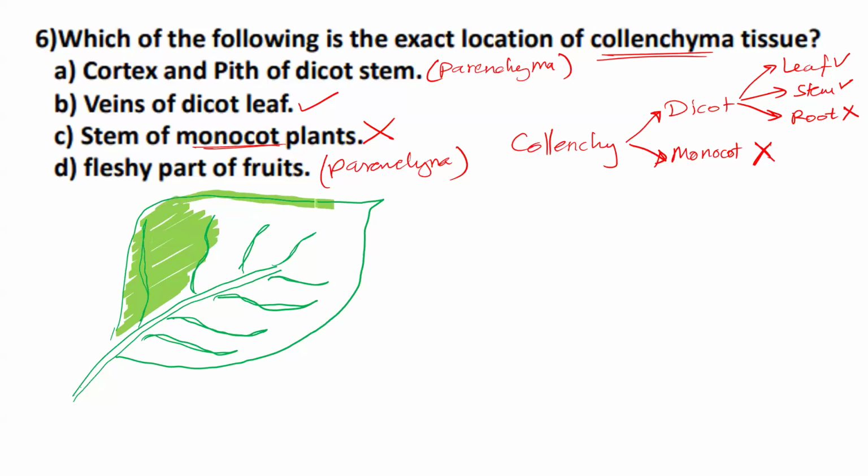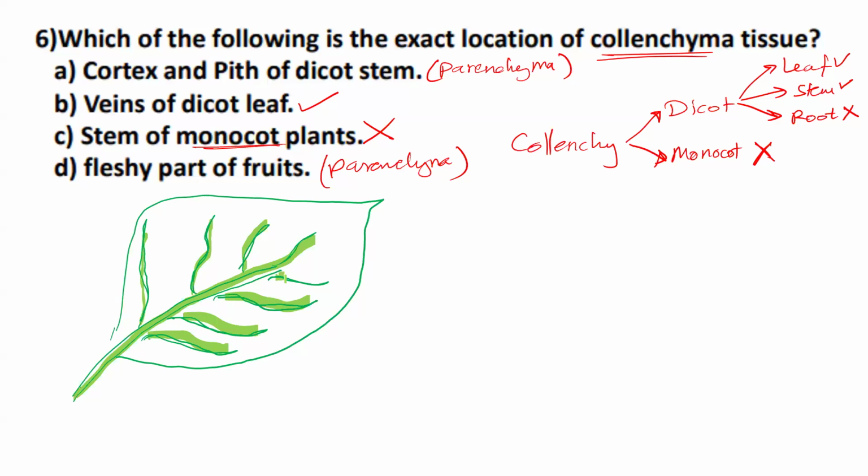We studied reticular venation and parallel venation, no? So this is reticular venation. Yes, in the chat box they have put. The reticular venation contains what? Collenchyma. These veins have collenchyma.